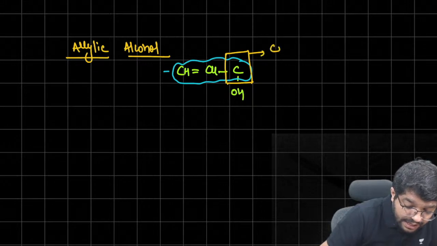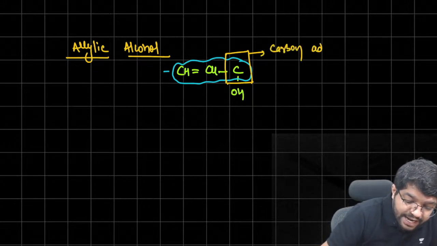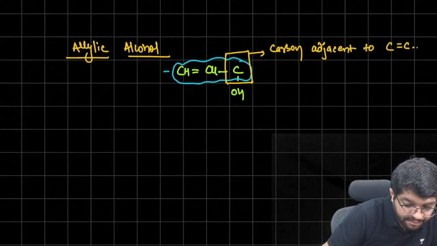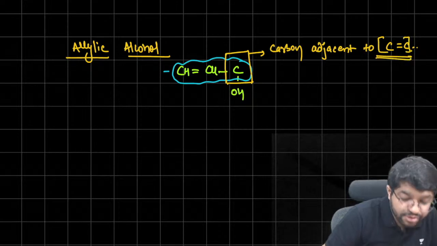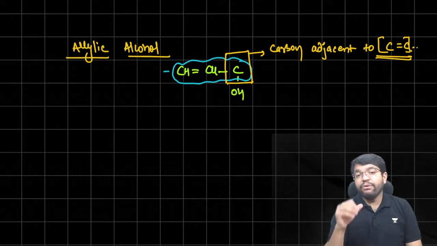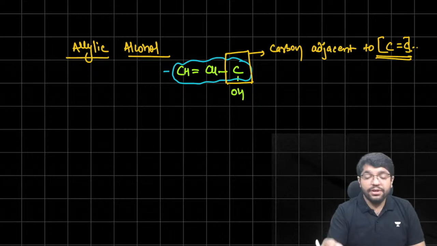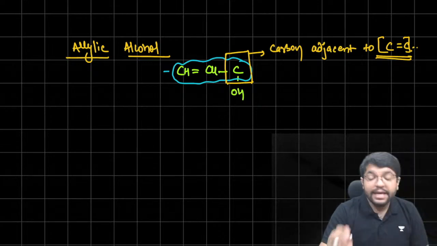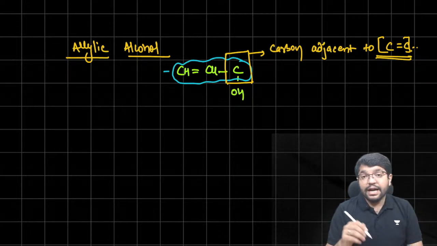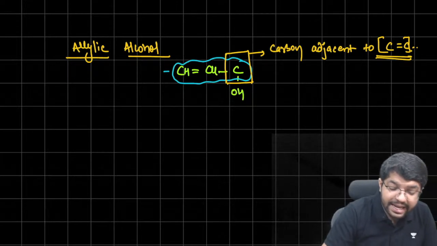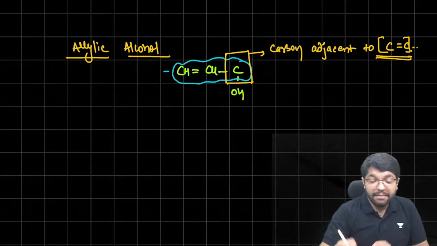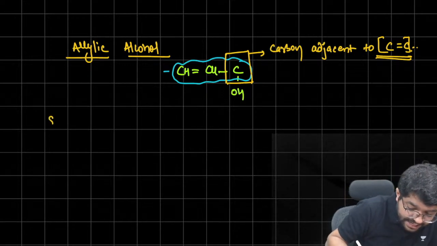It is the carbon adjacent to a double bonded carbon. Most important. Now, how do I say it the other way round? A carbon next to a double bonded carbon is an sp3 carbon. Remember, single bonded carbons are sp3.